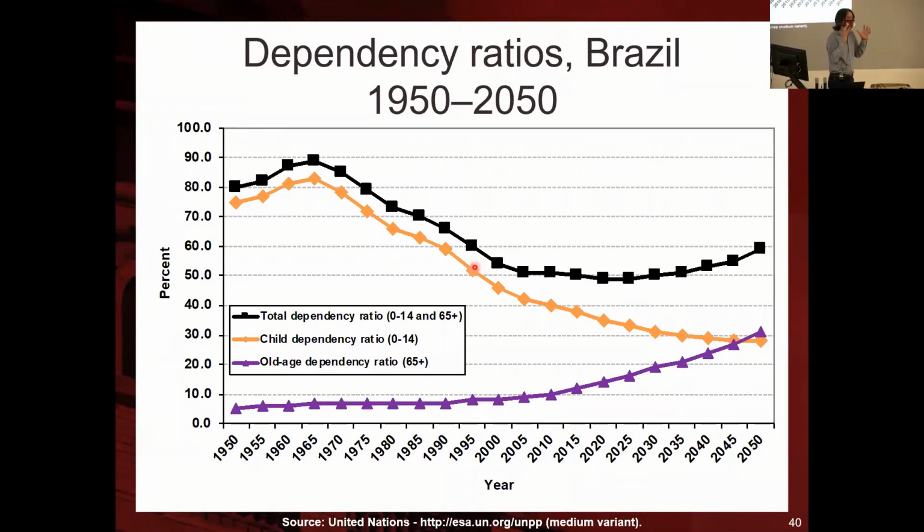And this was experienced by countries in Southeast Asia. But the difference between Southeast Asia and some countries in Latin America is that when the Southeast Asian countries reached these low levels of dependency ratio, before you got the effect of the old age dependency ratio increasing, they had a really high proportion of well-educated working age people in the society.